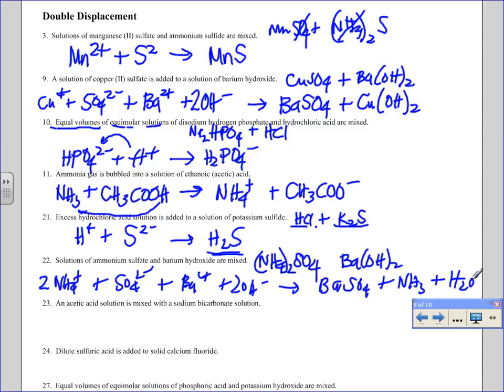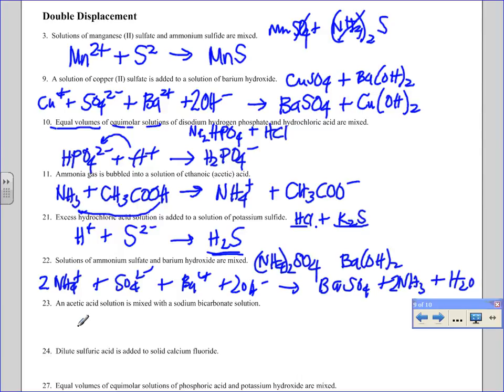So all of our products are molecular or ionic precipitate here, so they stay together. And to balance this, we need a 2 here. Okay, and that's it.